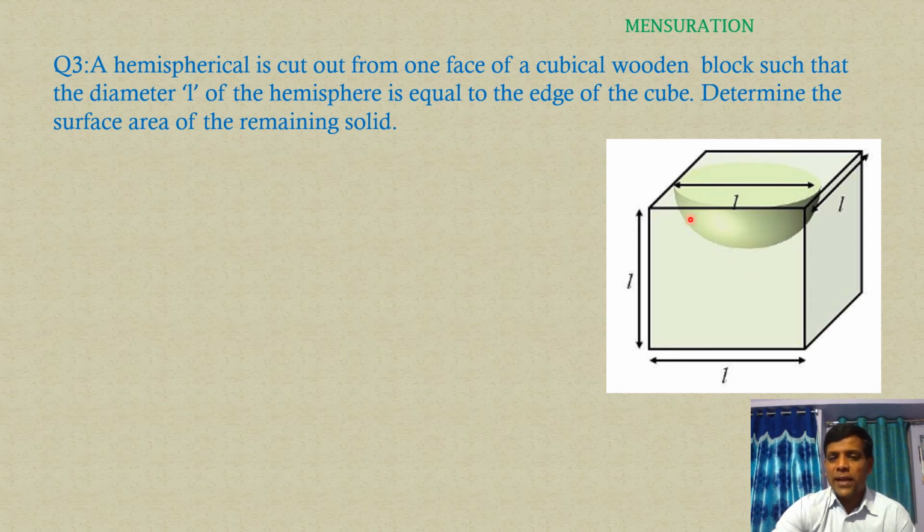First of all, you have to find the cubical area and the hemispherical area. After that, the remaining area equals the total cubical area minus the remaining hemispherical area. So first of all, you have to write the analysis.